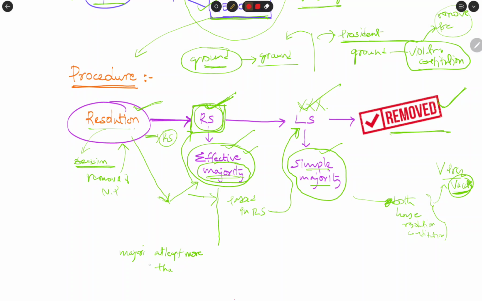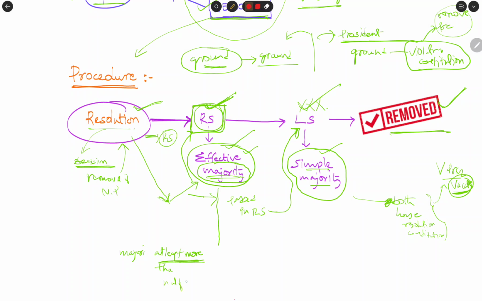What is the general meaning of majority? While calculating majority, it means at least more than half. This is the minimum limit, which is set at more than half of the house.